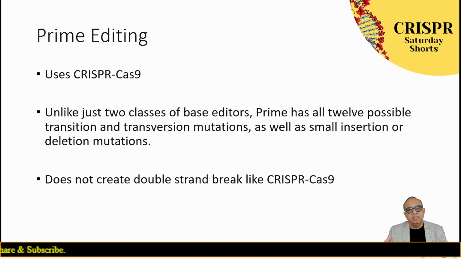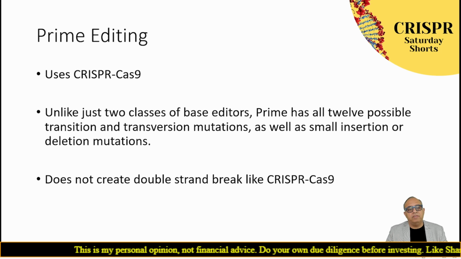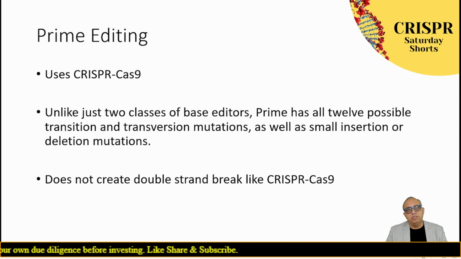To a great extent, this is similar to base editing, but unlike just two classes of base editor, we have all 12 possible transition and transversion mutations, as well as small insertion and deletion capability in prime editing. That's what makes it superior to base editing.